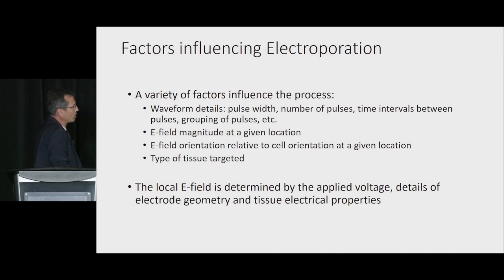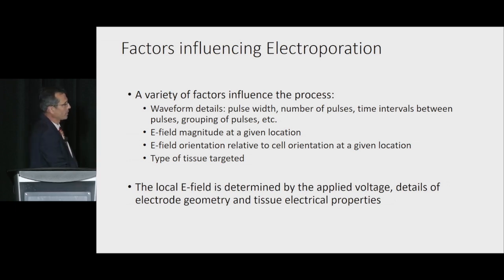And the local electric field itself is determined by the applied voltage and the details of the electrogeometry and, of course, the tissue properties. And, for example, fat remains a challenge even with electroporation. It's less sensitive to fat than RF is, for example, I think.